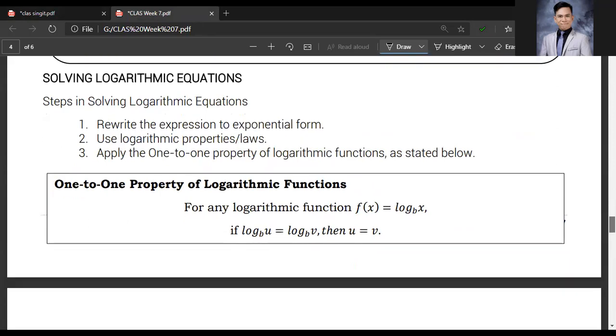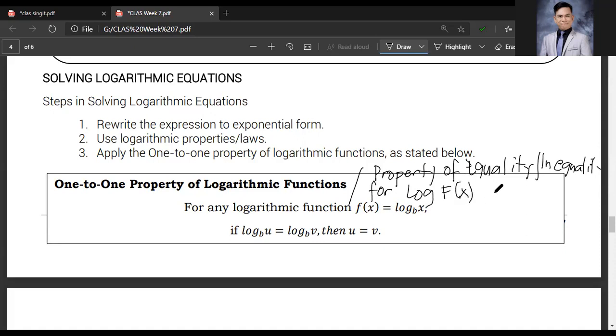Discuss ito, one-to-one property is also known as, kasi mali yung term na nilagay ni ma'am dito. This is yung kapangalan niya sa exponential. We have the property of equality or inequality for logarithmic function.